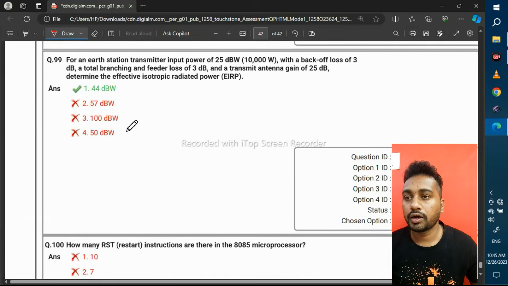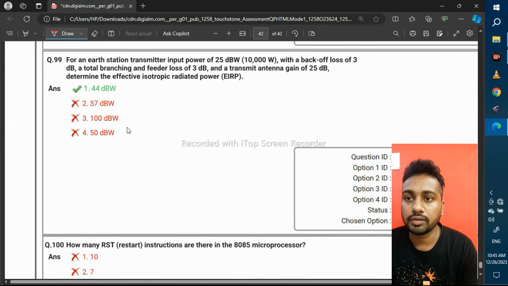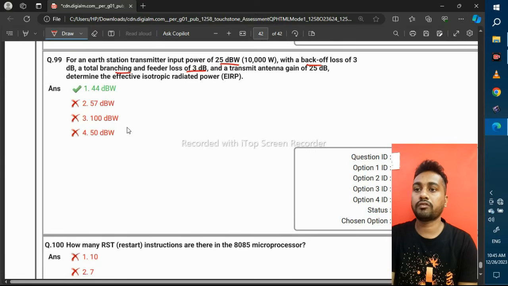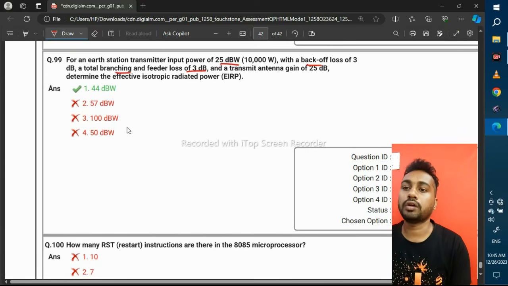Question 99. For an earth station transmitter, input power of 25 dB with a backoff loss of 3 dB, and total branching and feeder loss of 3 dB, at a transmit antenna gain of 25 dB. Determine the effective isotropic radiated power.